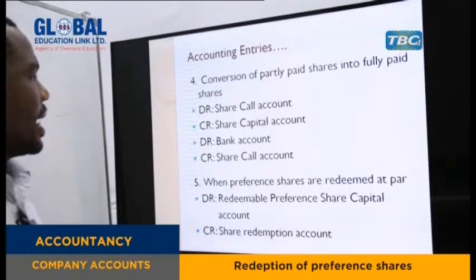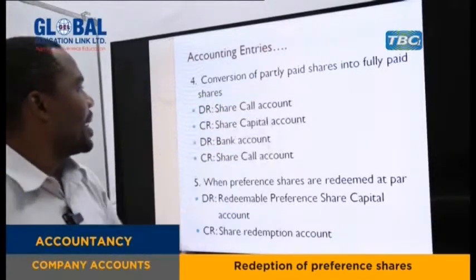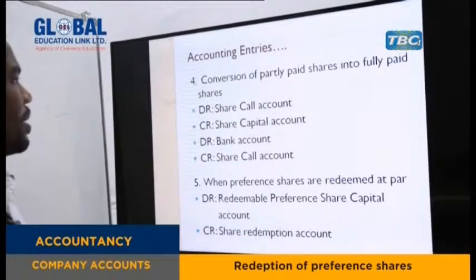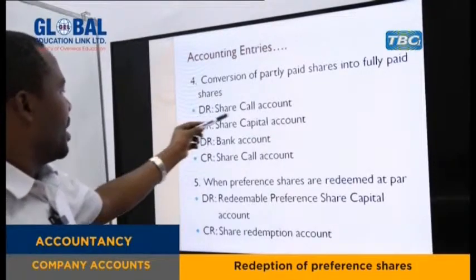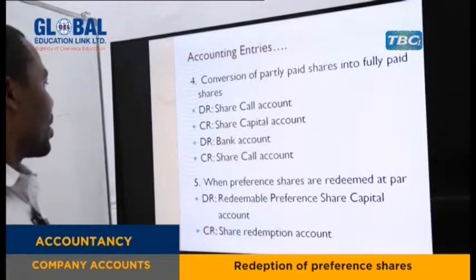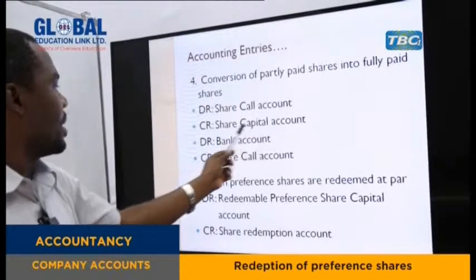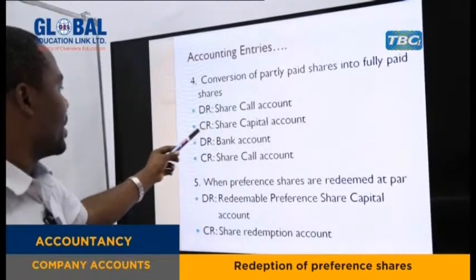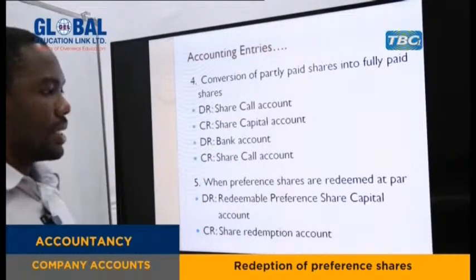If the preference shares to be redeemed are partly paid, then for conversion of partly paid shares into fully paid shares, we debit share calls account, as we call those shares, and credit share capital account.